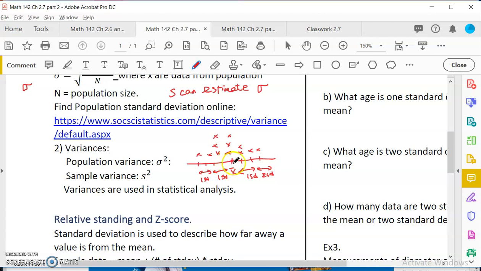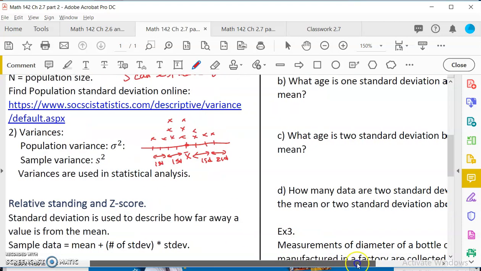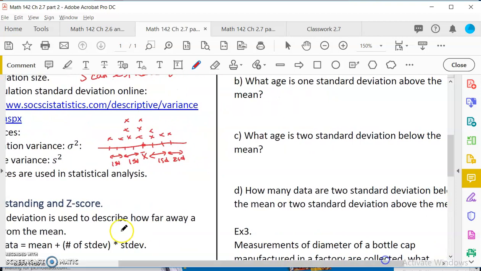You should not have anything that is over 2 standard deviations away from the mean. So it is a measure of how data spread by using the standard deviation as a tick mark. And you should have 2 tick marks on the left, 2 tick marks on the right. Okay. So we call one tick mark a C-score. But we'll talk about those later.